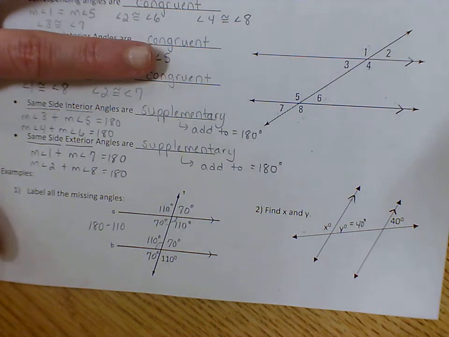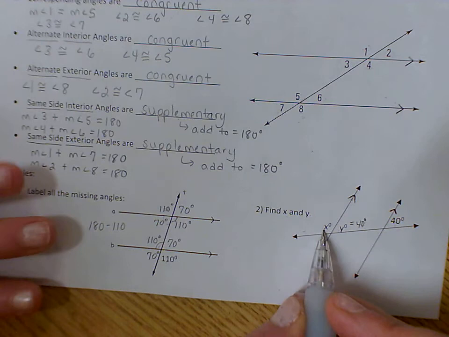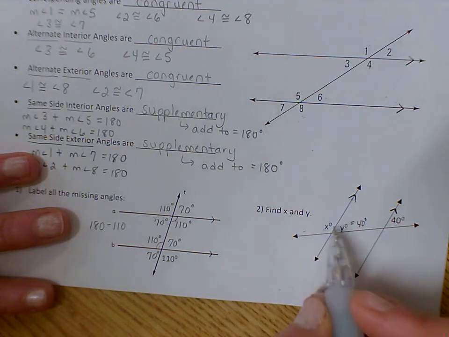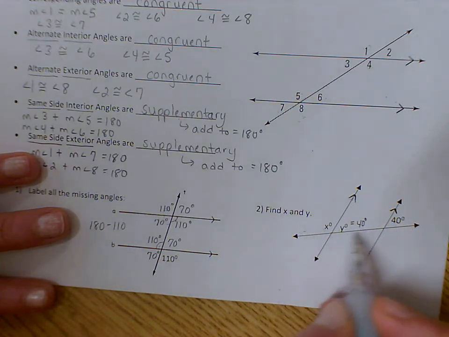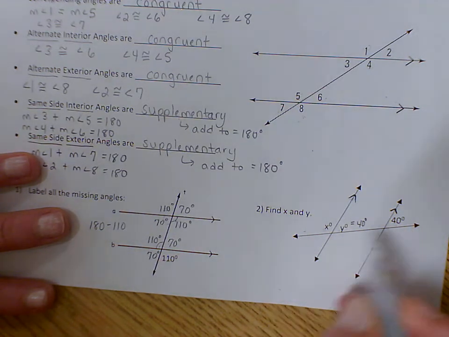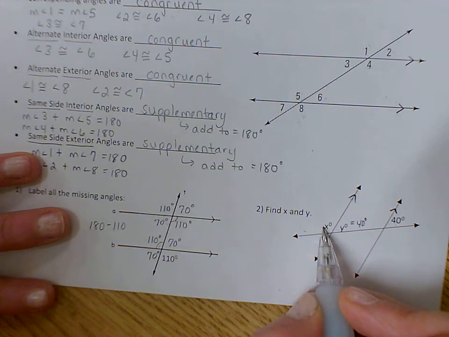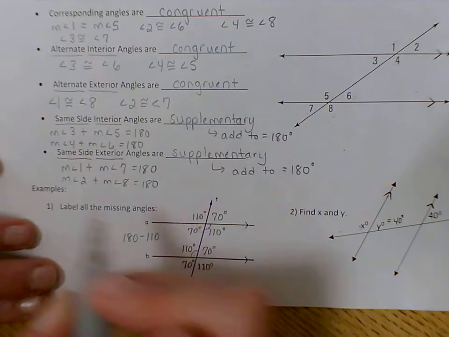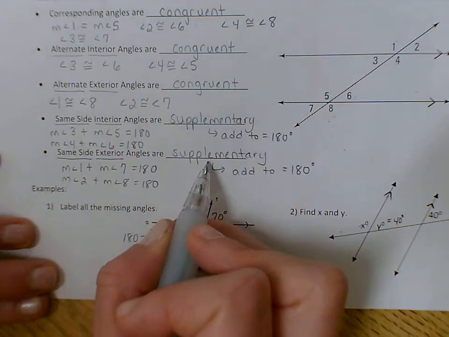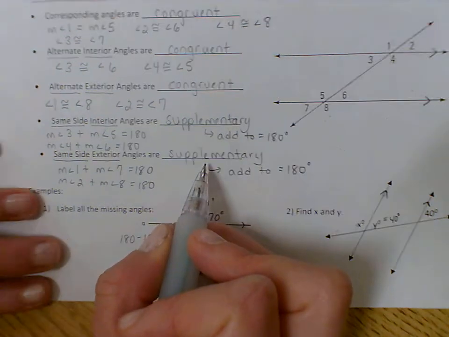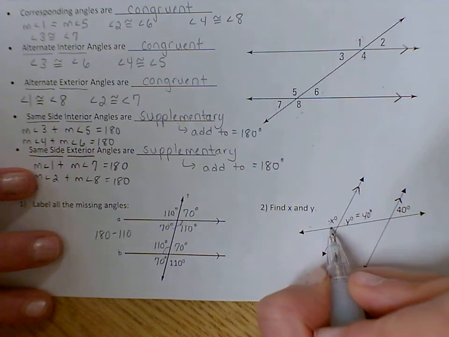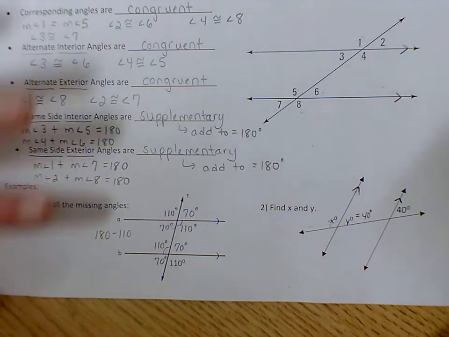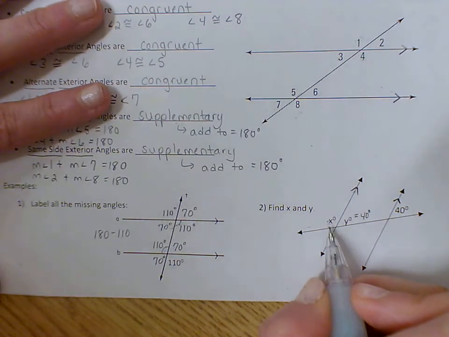And now from here, to find X, I could find it a couple different ways. This is our transversal right here. Remember, it's turned sideways. So these two angles are on the same side of it, and they're outside the parallel lines. So I could look, okay, same side exterior. I know that they have to add to be 180. Or you could look, okay, this angle and that angle form a line, and so I know the angles that form a line have to add to equal 180.